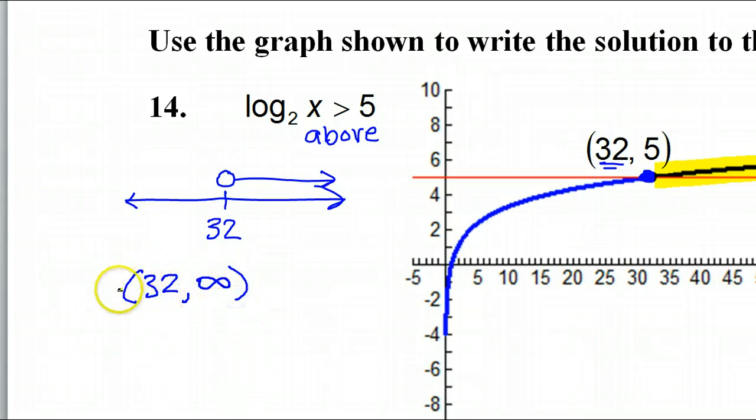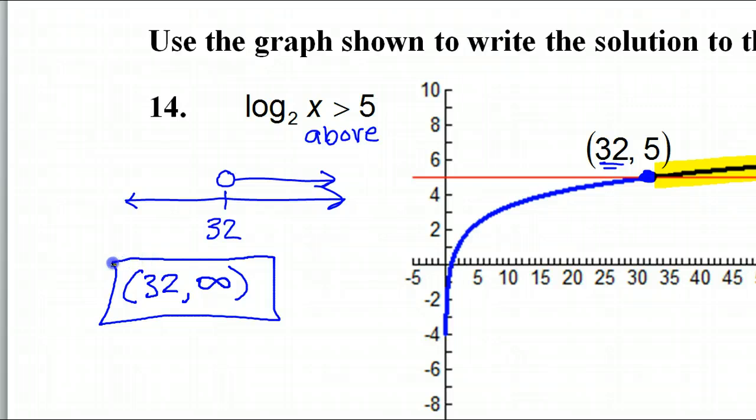Notice I put a round parenthesis right here, for the same reason I have an open circle right here. A round parenthesis means the 32 itself is not included. We have to stay above 5, so not equal to 5, so we leave out the endpoint with a round parenthesis. So there you go.